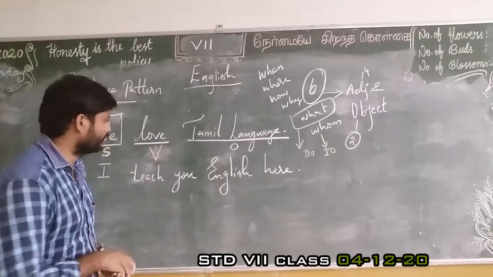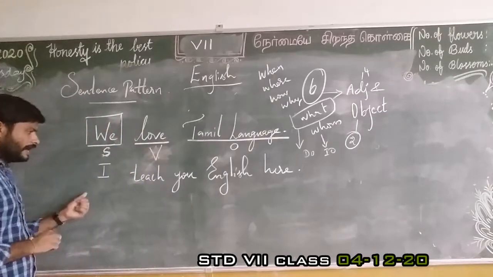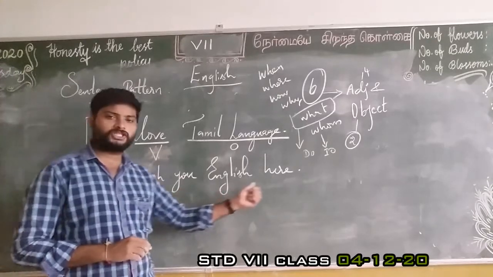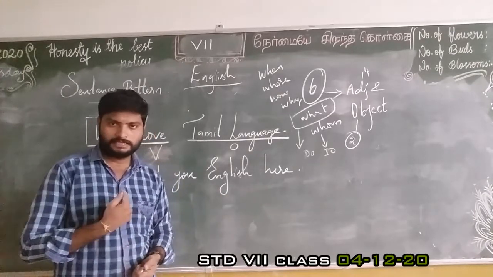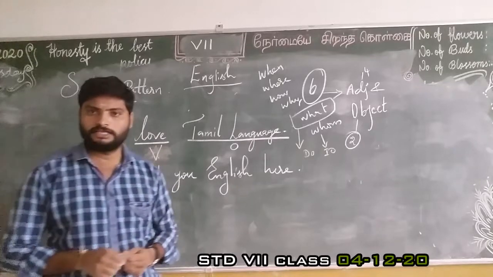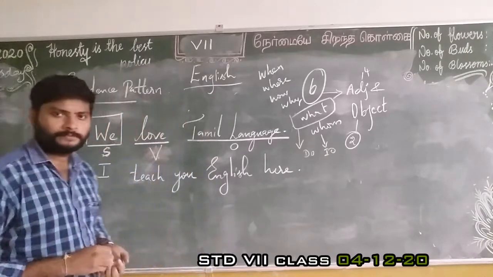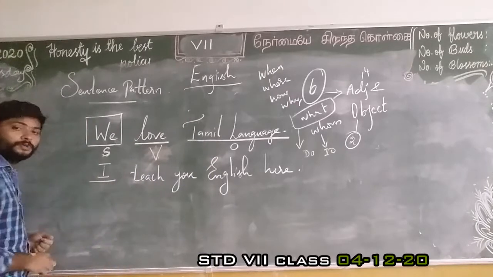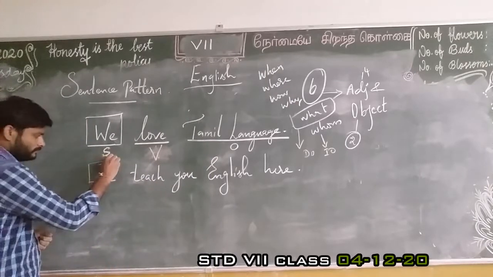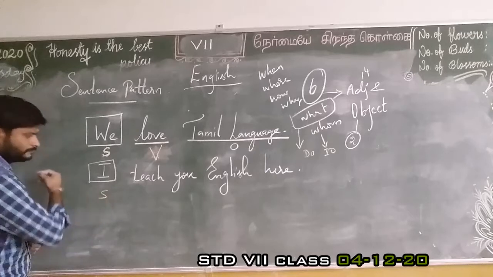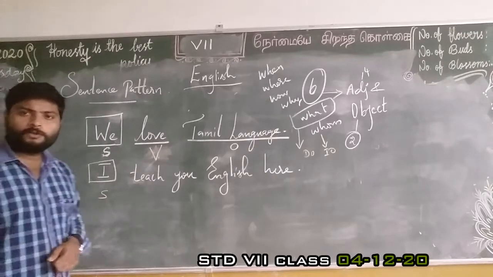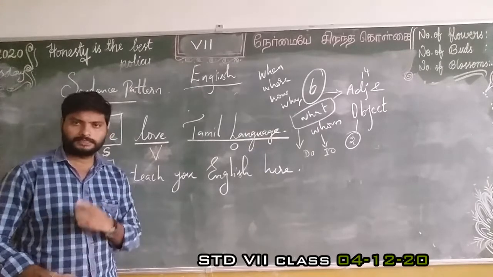Clear? Okay, second sentence: I teach you English here. Who is the doer of the action? I. It is the doer of action, so this is the subject. What action am I doing? Teach.